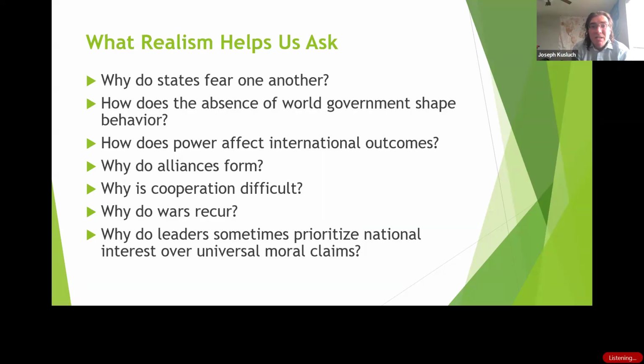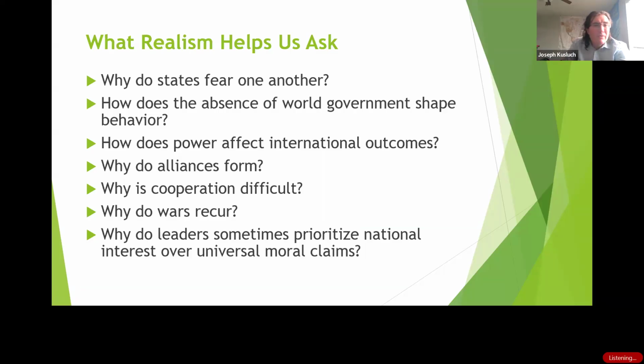For now, we just need to think. We don't even have to decide whether realism is the best theory. We don't even have to try to come to that conclusion. But we need to understand what kinds of questions realism asks. A realist looks at international politics and asks, why do states fear one another? How does the absence of world government shape political behavior, state behavior, excuse me?